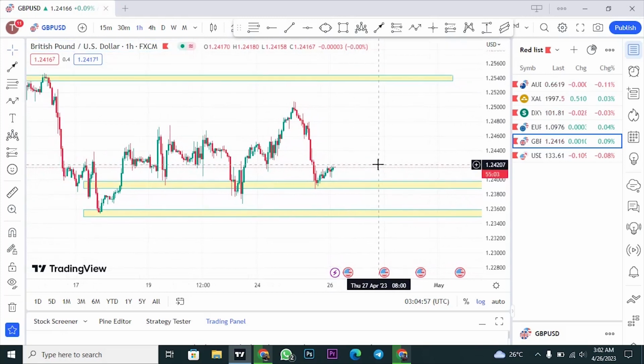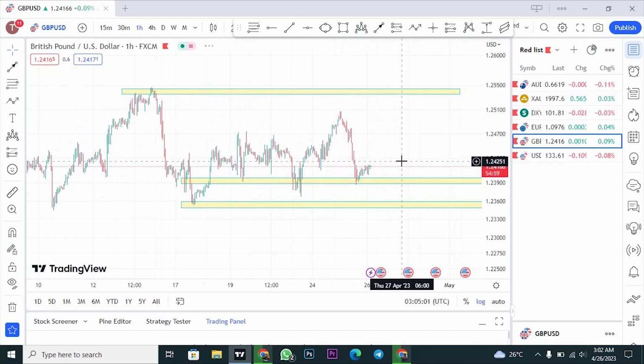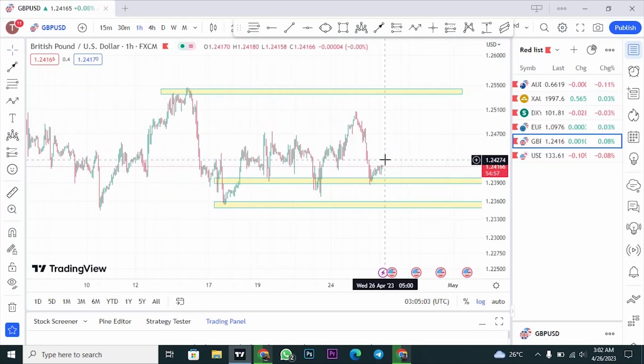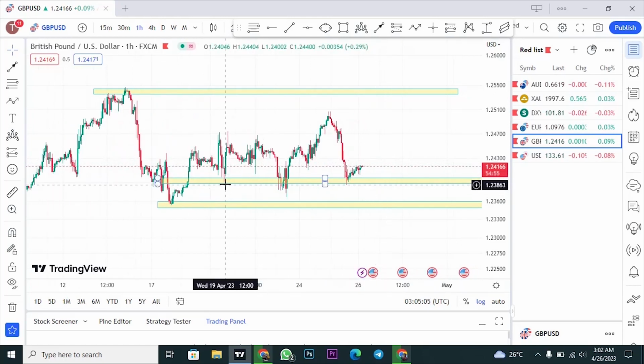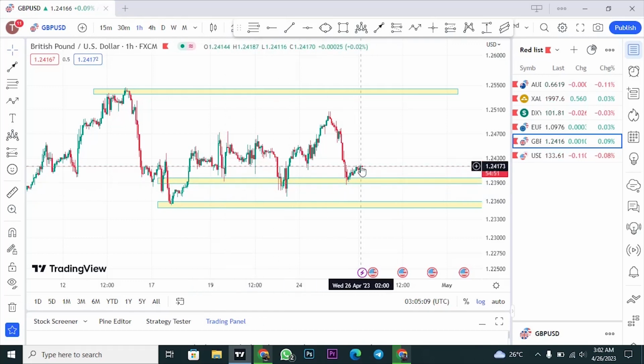But now on GBP USD, price has already been moving to the upside, but since we have a support right here, a support right here also, and a support right here, and since price is moving to the upside, I'm not going to enter the market because I think price has already been moving, and I'll just leave the trade like that for the market to push to the upside.